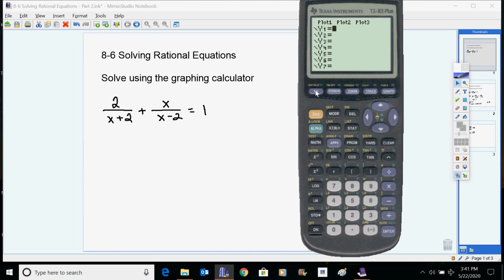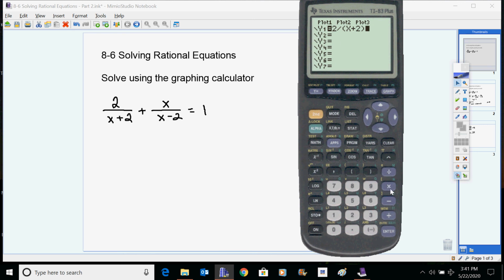And when you put them into y equals, you do that with the y equals button, be careful with your parentheses, because when I do 2 divided by x plus 2, make sure that you have the x plus 2 in parentheses, because if you don't, it'll be 2 divided by x and then adding a 2 to it, which is something different.